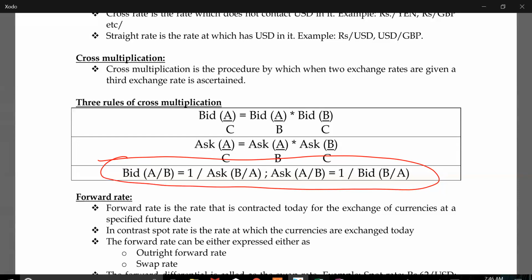Logic says A by B is equal to, mathematically, A by C into C by B. This is what your maths has taught you. Now, if you want bid rate, prefix it with bid in the formula. If you want ask rate, prefix it with ask. If the question has given the quote, great. If the question has not given the quote, do the inverse of it. Clear? Any doubts on this? Can we proceed? Clear?